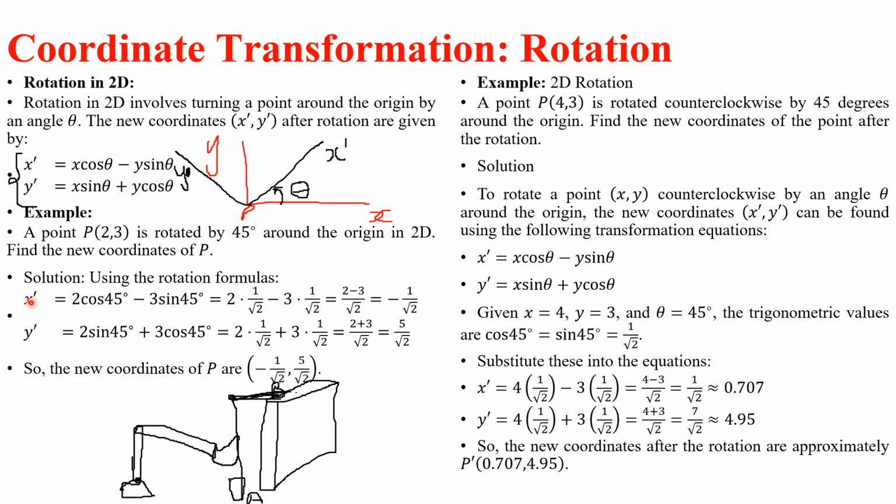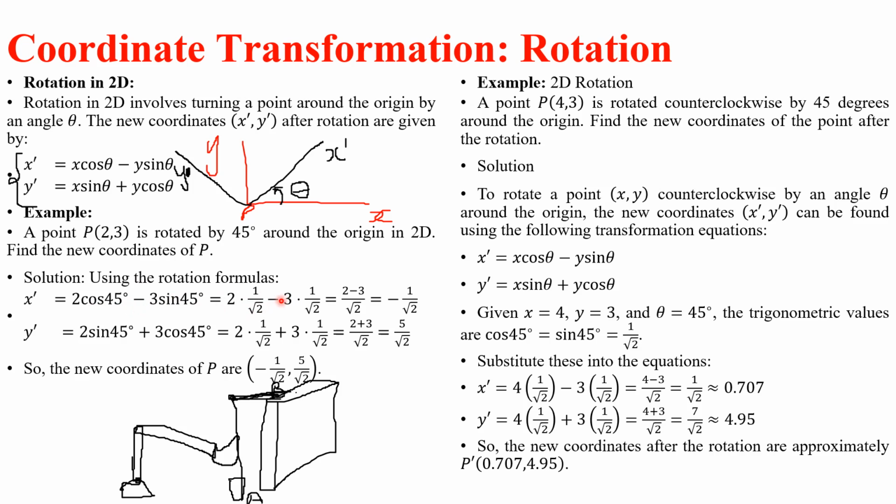So that gives us x prime equals 2 cos 45 minus y, which is 3 sine 45, where 45 is the angle theta. All right, so the new y will equal 2, which is the x there, sine 45 degrees, plus 3, which is y, cos 45. Now, of course, you know the basic trigonometrical ratios.